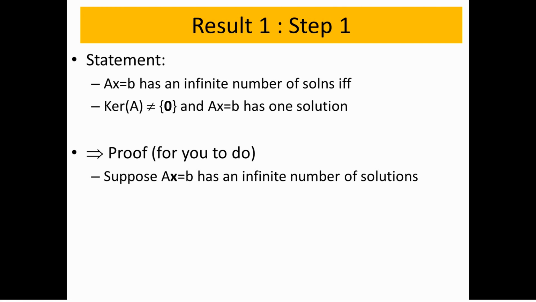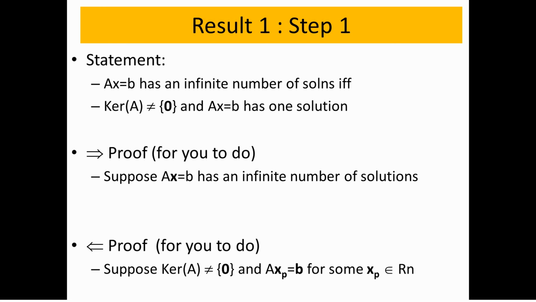Suppose that AX equals B has an infinite number of solutions. If we have an infinite number of solutions, we have at least one solution. So all we have to do is prove that the kernel doesn't consist of only the zero vector. We actually did this proof earlier in one of the earlier lessons, but see if you can prove it now for yourself.